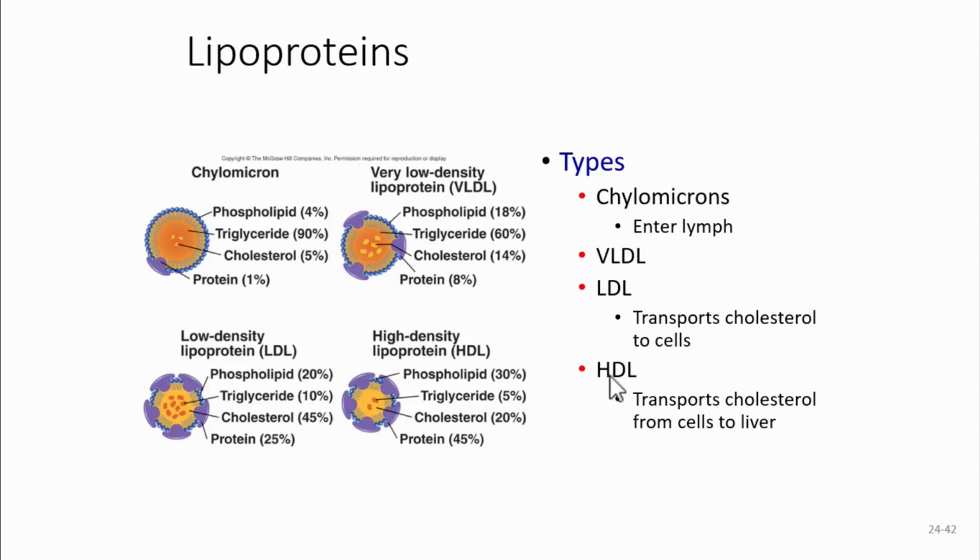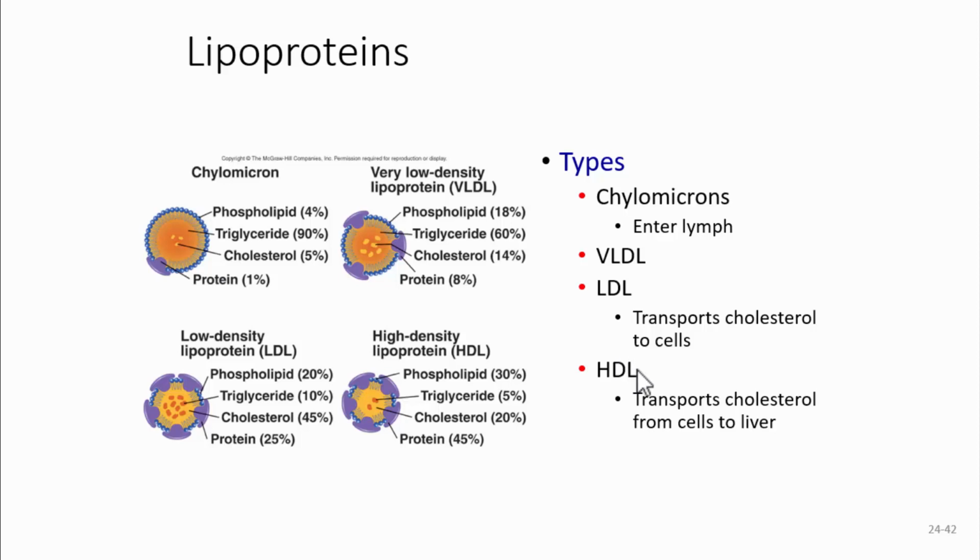And then we have our HDL, which is high density lipoprotein, and this transports cholesterol from the cells to the liver. And so if you have high LDL, but you also have very high HDL, then that's a good thing, because the higher your HDL, the better.